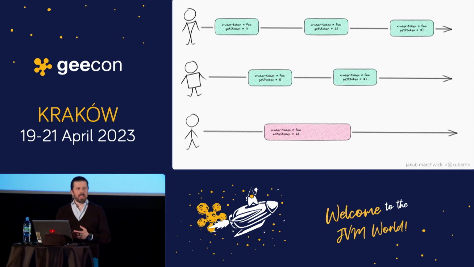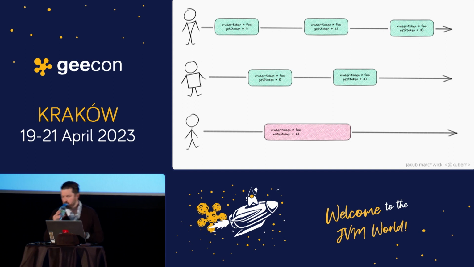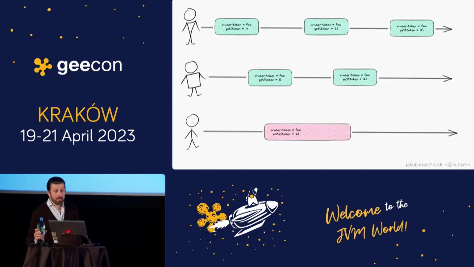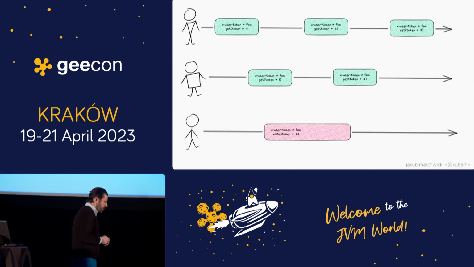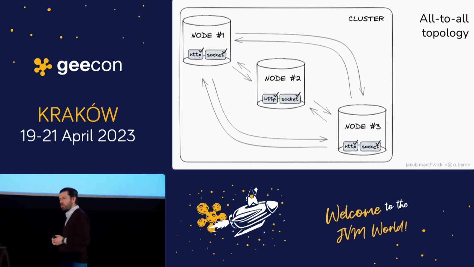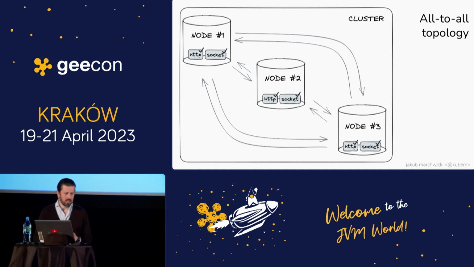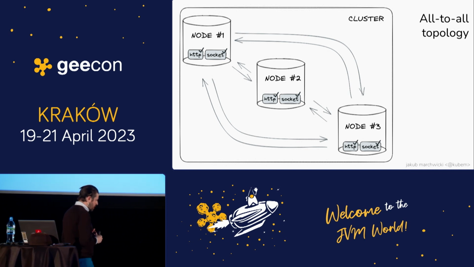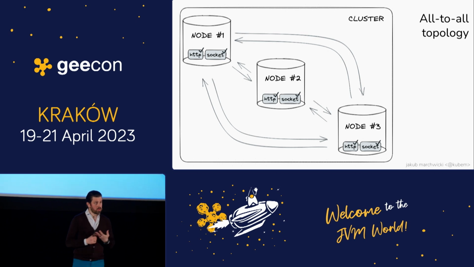Can we get it in our system? Is it possible to design our distributed system in a way that we can achieve strong consistency? That's where the CAP theorem kicks in. So we had this all-to-all topology, and the CAP theorem tells us that, in essence, there are 3 attributes of your system: consistency, availability, and partition tolerance.